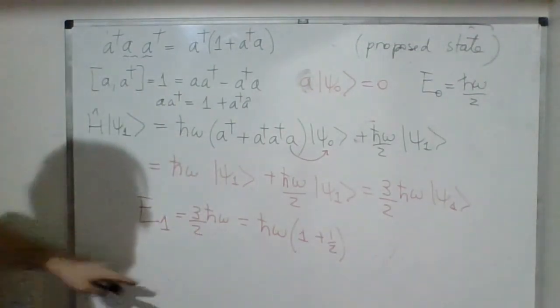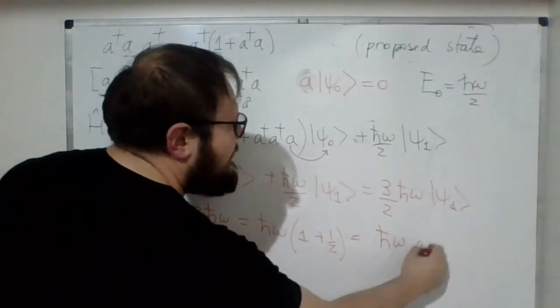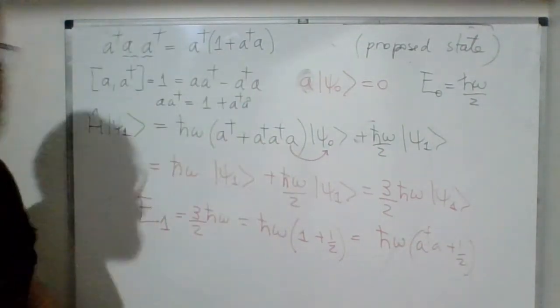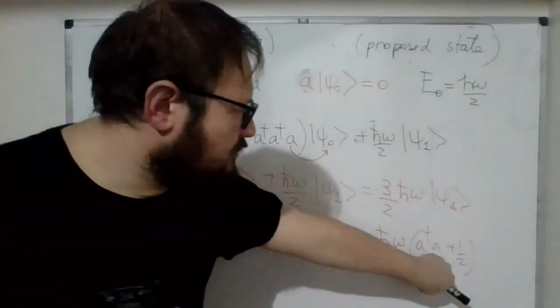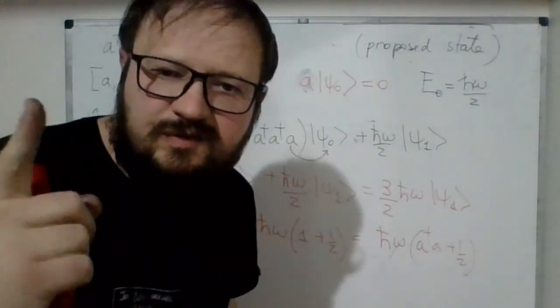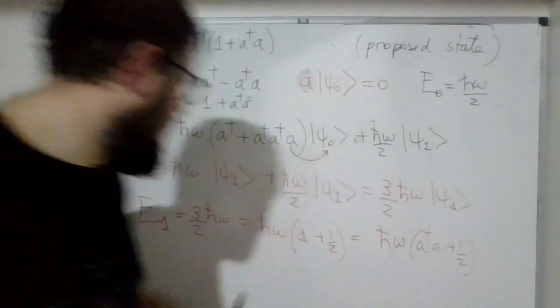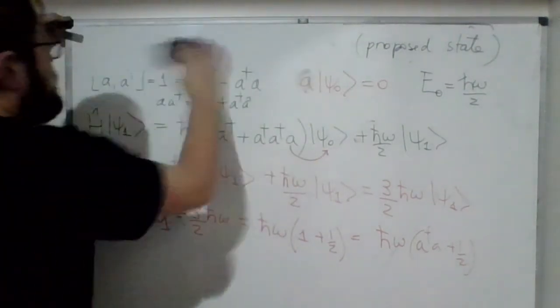And remember, the Hamiltonian has the following form: h bar omega times a dagger a plus 1/2. And therefore, I know that this operator operating on the state psi 1 just produces 1, right? So this is 3/2.